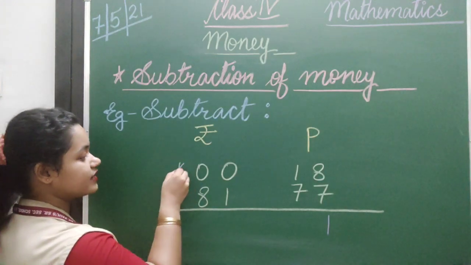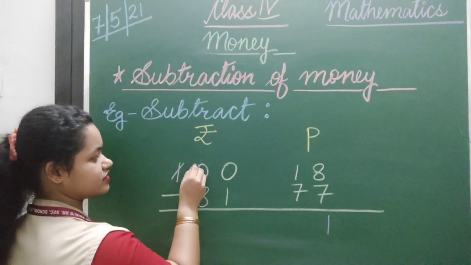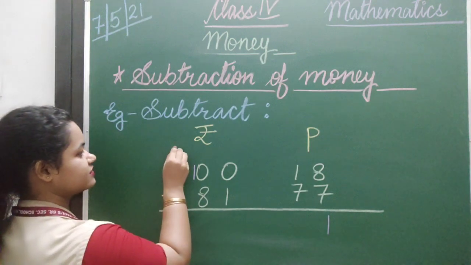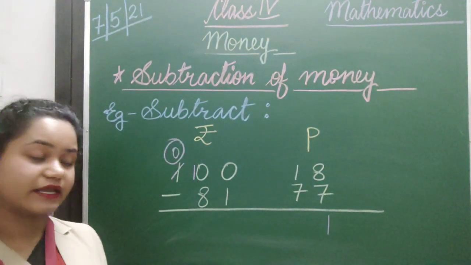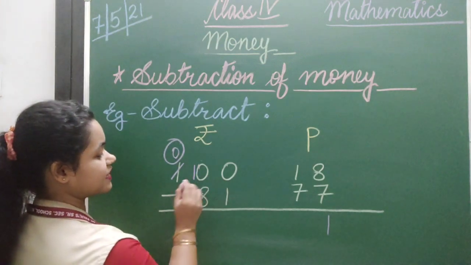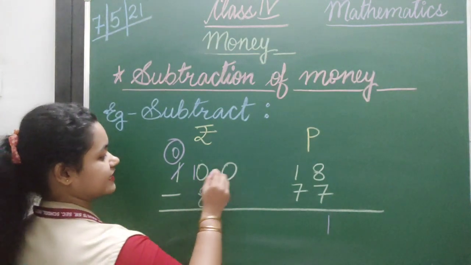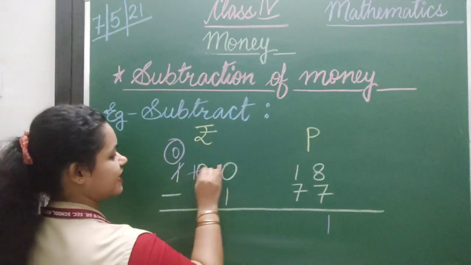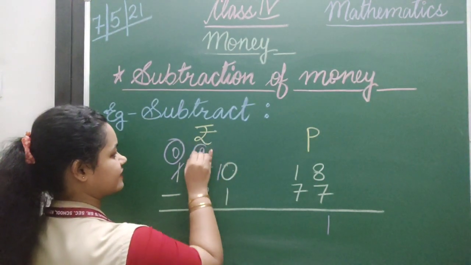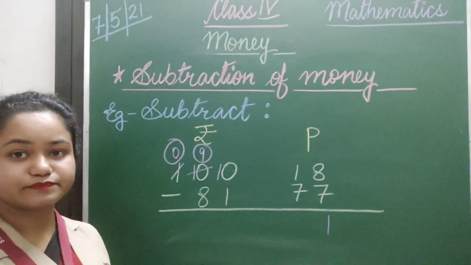So this 0 will ask his neighbor to give 1. Now this 1, if it gives here, so this will become 10 and here 0 will be left. Yes or no? Yes. Now this number has become 10. Now from 10, it will give 1 here. This will become 10 and here what will be left? 9. Understood?